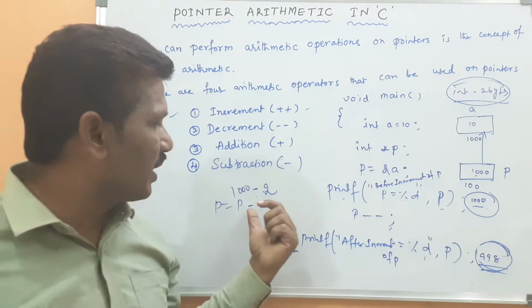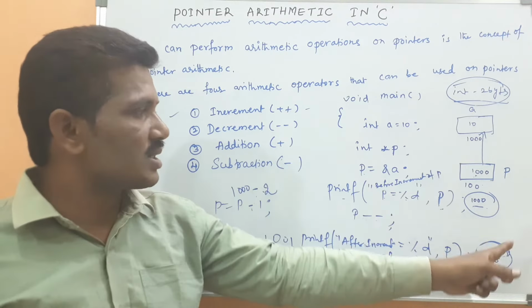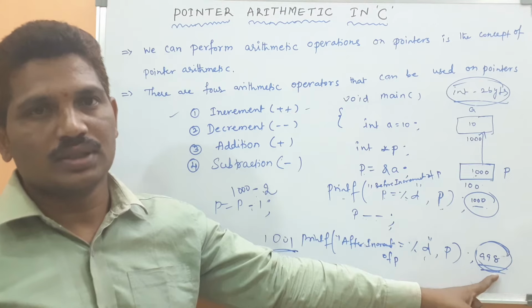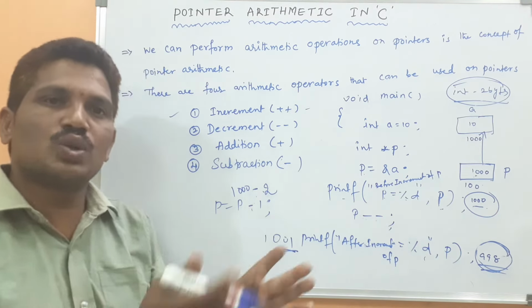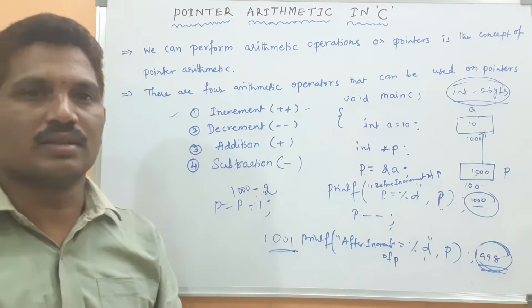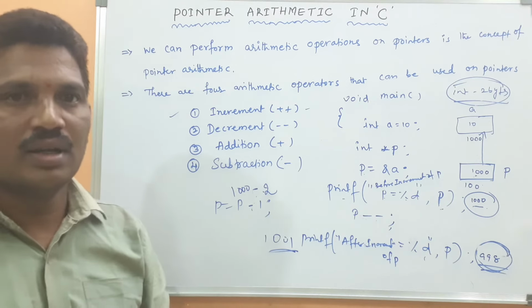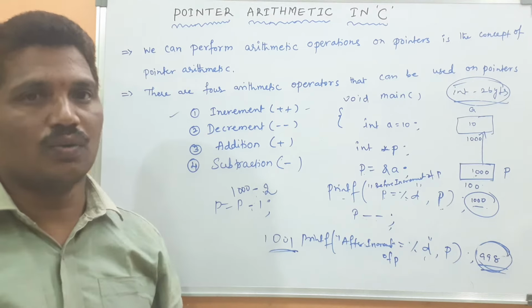Decremented by 1 means decremented by 2 bytes. If it is 1000, then 998 is the output. Decrementing the address goes to the previous location, incrementing goes to the next location.